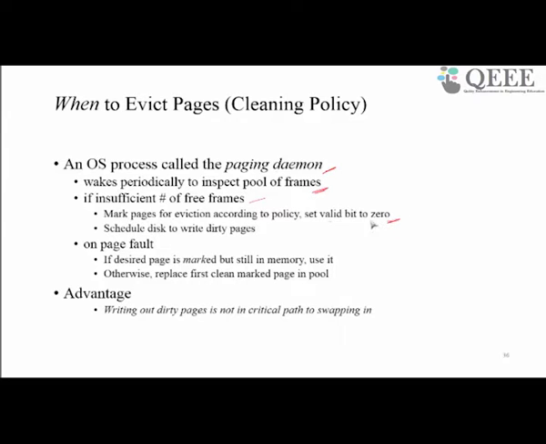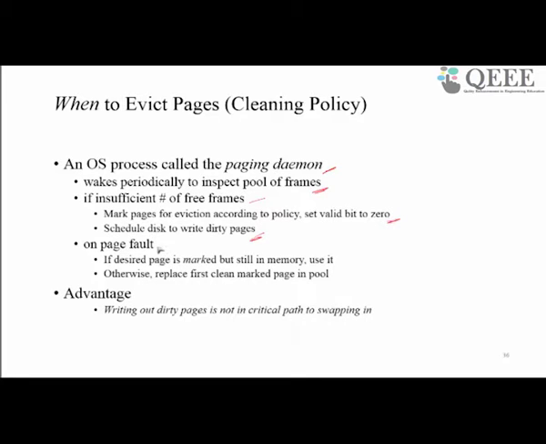So it sets the valid bit to 0. It does not immediately replace all of them, because only at the time of a requirement of replacement do you have to remove it. It simply marks the page, and if it is a dirty page, it schedules it for replacement, otherwise it simply sets the valid bit to 0.